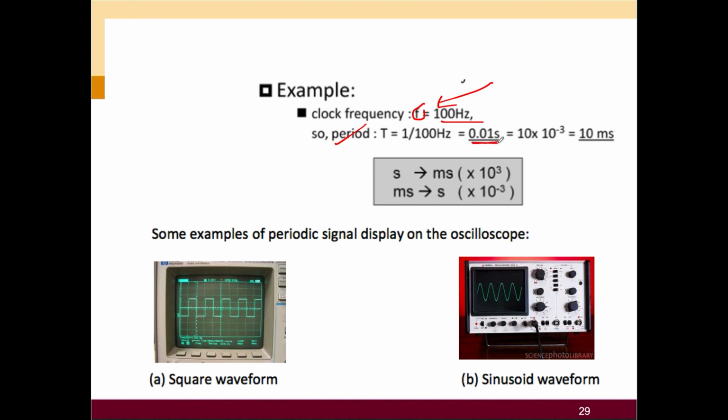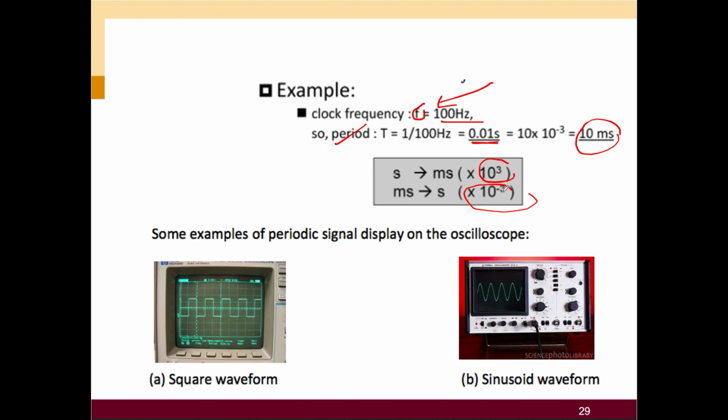You can also convert it into numbering formulas: you will get 10 milliseconds. So millisecond is 10 to the power of -3.